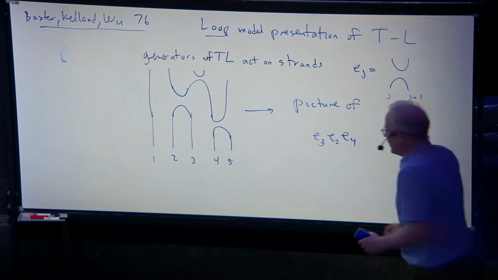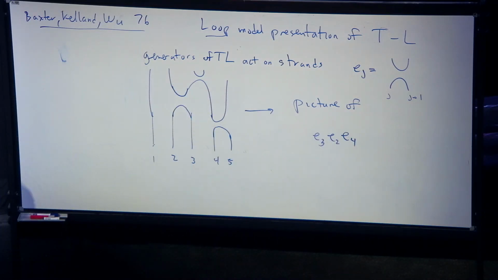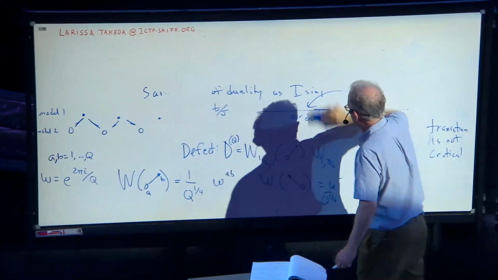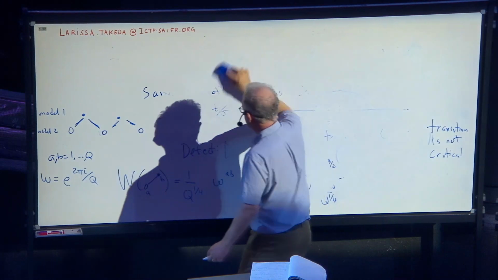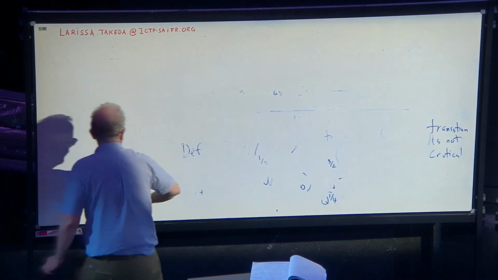Okay, so now, I said we want to act on strands. So we want the temporally Lieb algebra acting on strands. And so the way to get the temporally Lieb algebra is to make the following rules.